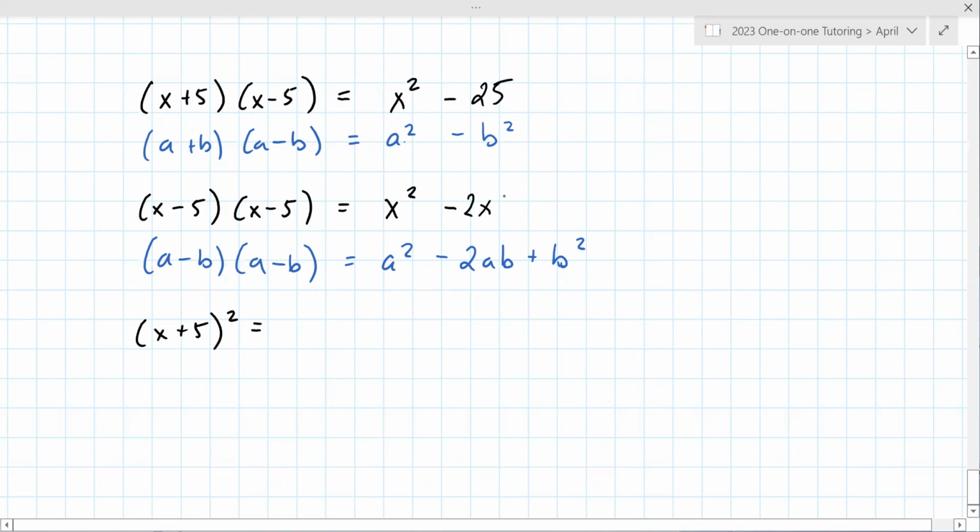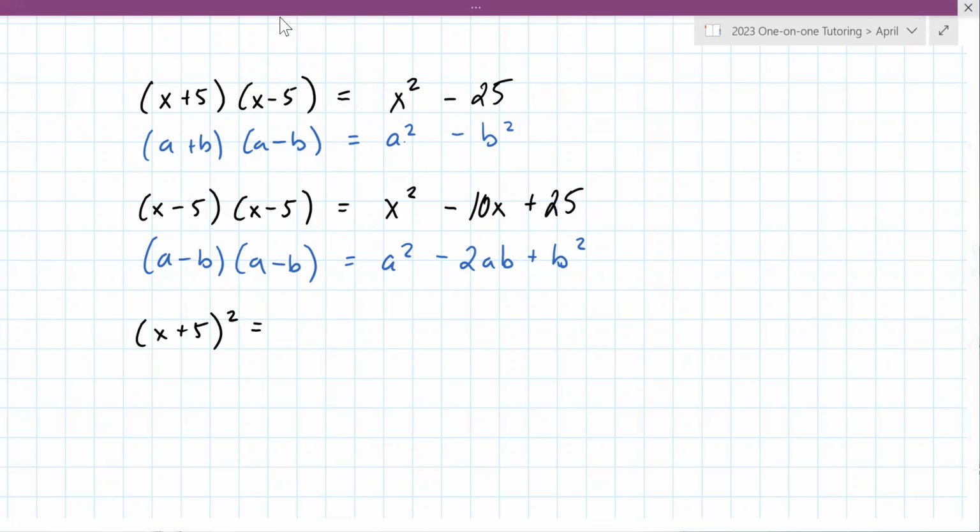What's b? 5. Okay, and then what does that simplify to? What's 2 times 5? Negative 10x. Yes. Okay, plus, what's b squared? 25. Okay, very good.